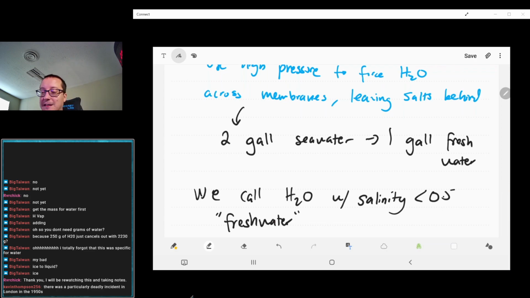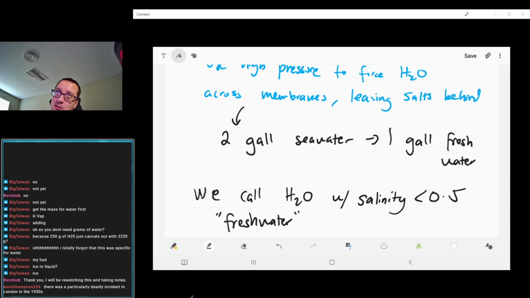So that means there's less than half a gram of dissolved salts per kilogram of water. We call that fresh water. And so fresh water is the stuff that we'll have in our streams and lakes, and groundwater as well. It's the stuff we drink, the stuff we use to do our laundry, to shower in, to boil our pasta. We use fresh water for it.